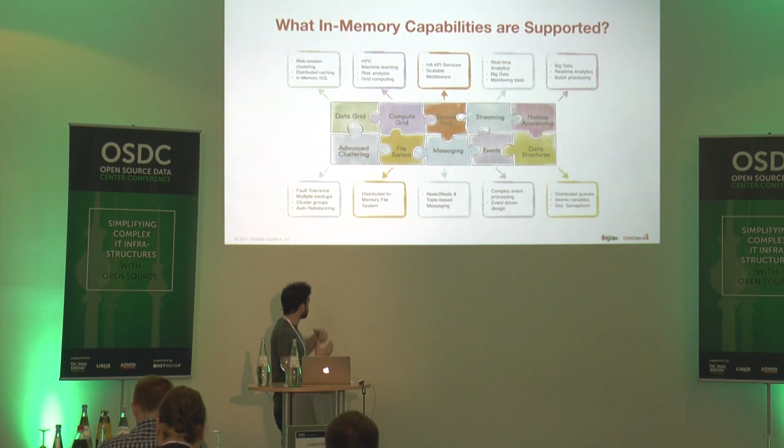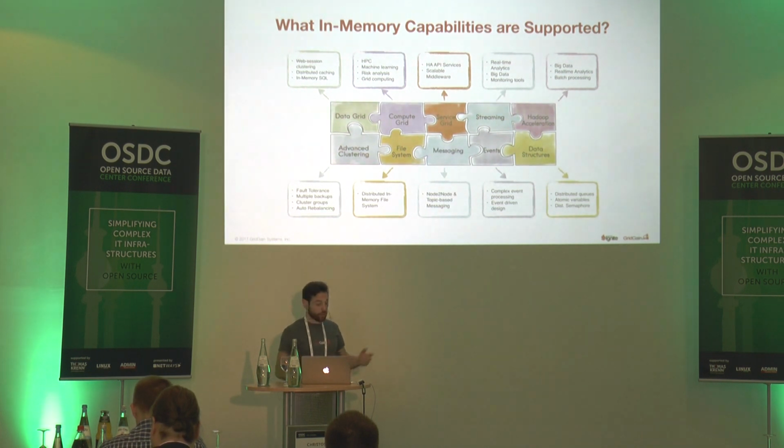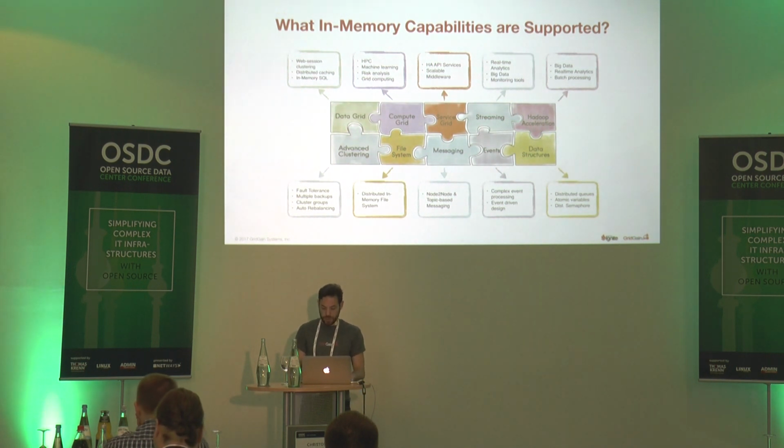We also have an in-memory file system, messaging between the nodes so that we can communicate, or even triggering certain processing or business logic with different events. And of course, data structures, more low-level Java structures that you can use for different ideas in your architecture. We'll get into more detail in each of these.